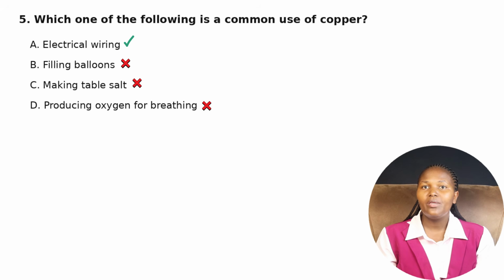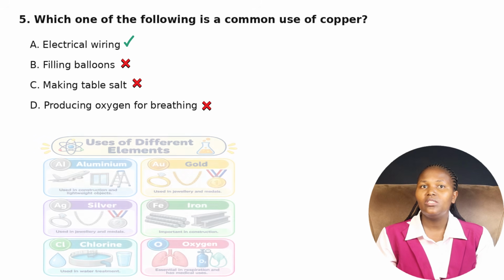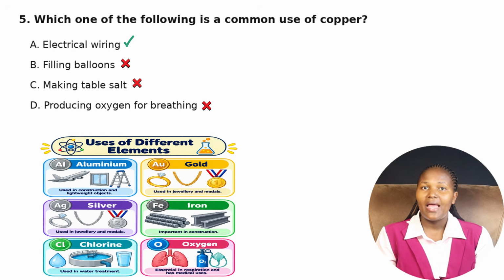For example, aluminium is useful in construction and many lightweight objects, while gold and silver are useful in jewelry and medals. Iron, on the other hand, is important in construction and chlorine is used in water treatment. Oxygen is useful in respiration and has other medical uses. The wider lesson is that properties help determine the uses.